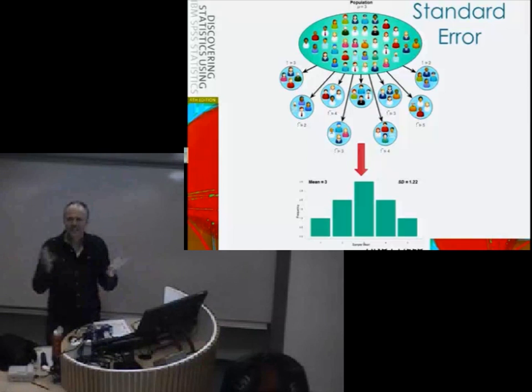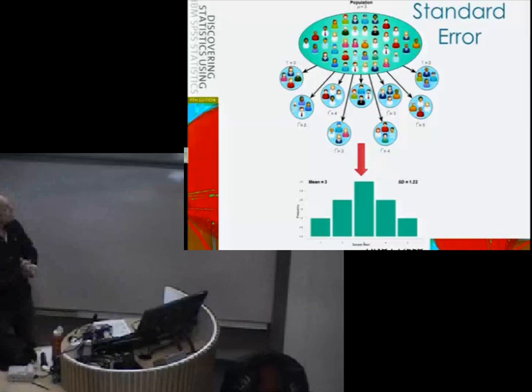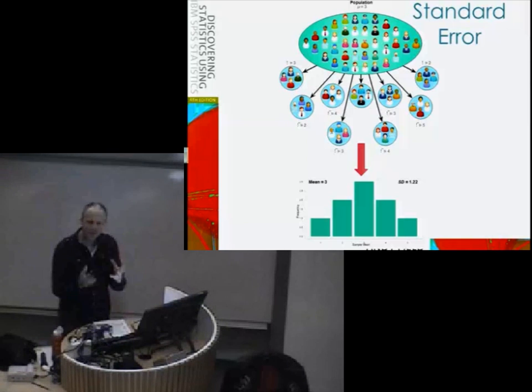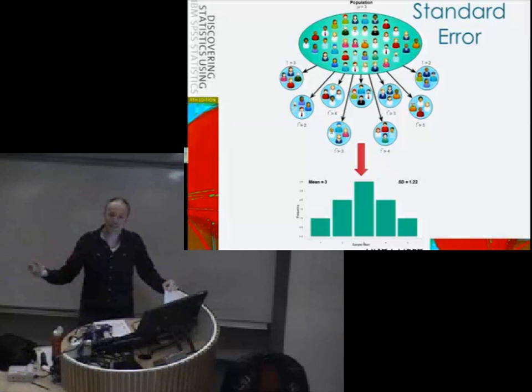Therefore, any sample you take is likely to be quite representative of the population value. So standard error is an important concept because by looking at the standard error, you can tell something about whether your parameter estimate is representative of the population or not. A small standard error is good, a big standard error is bad.